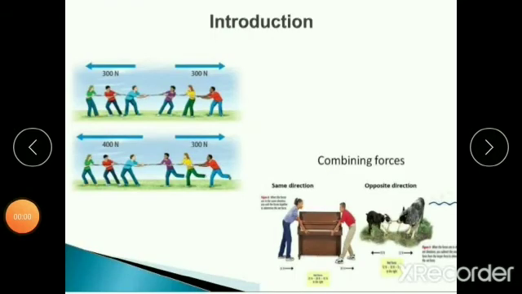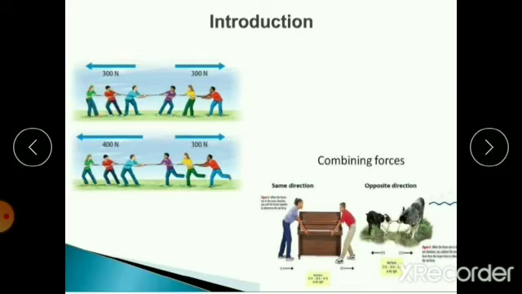Let us take one more example and understand the resultant force. You all play the tug of war, right? If both the teams are applying equal forces in opposite direction, for example 300 Newton this side and 300 Newton the other side, nobody will move, right?